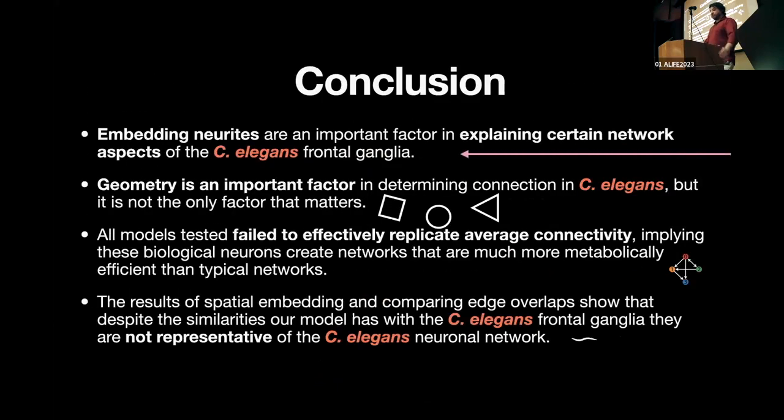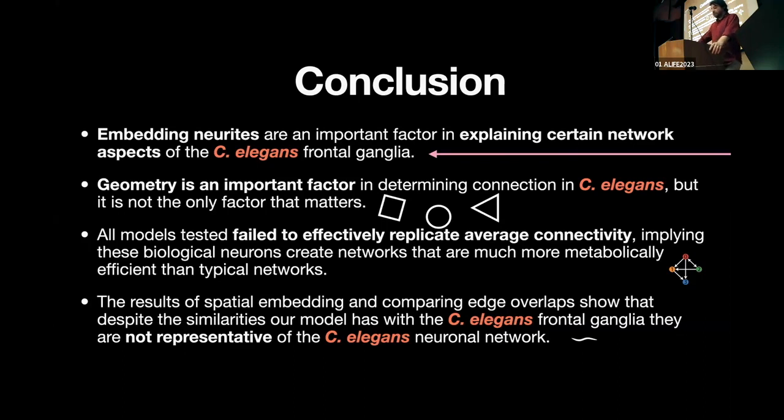So going on to conclusions, we found that embedding neurites is an important factor in explaining certain network aspects of the C. elegans frontal ganglia. That geometry is an important factor in determining the connections in C. elegans, but it is not the only factor that matters. All of the models tested failed to effectively replicate average connectivity, which was particularly interesting because this implied that biological neurons create networks that are much more metabolically efficient than we would typically expect in almost any network.